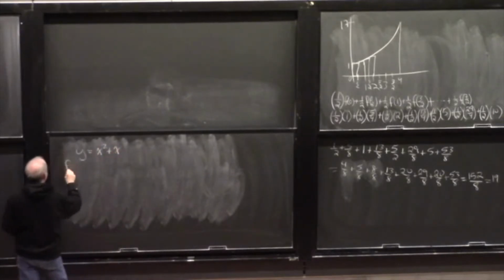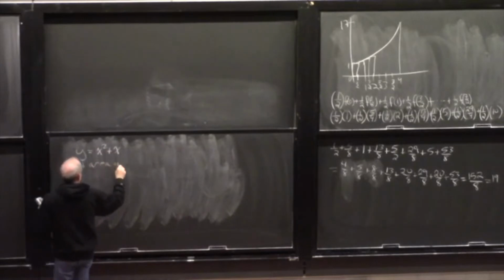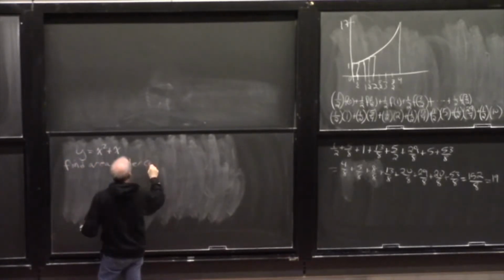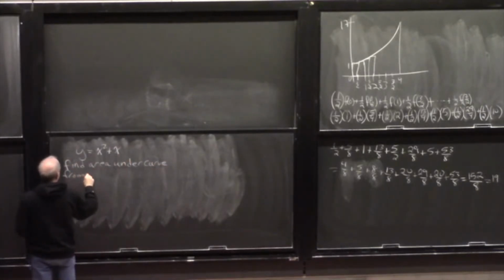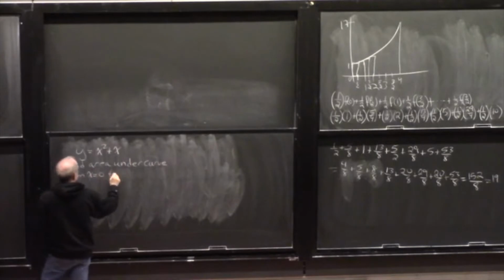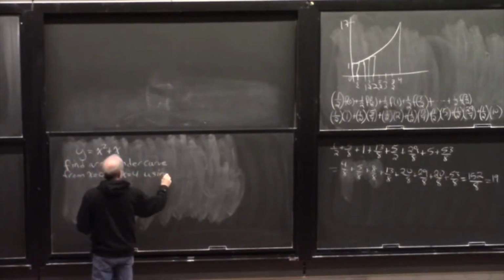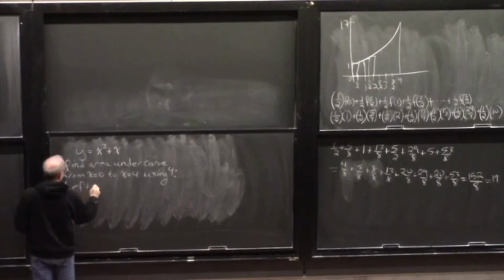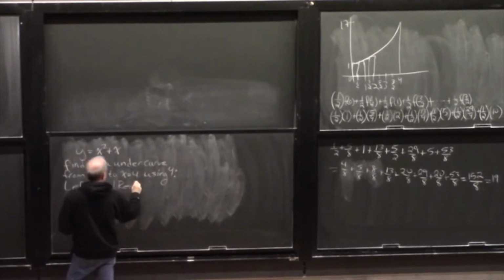And I want to find the area under the curve from x equals 0 to x equals 4 using 4 left-hand rectangles, and then do it again using right-hand rectangles.